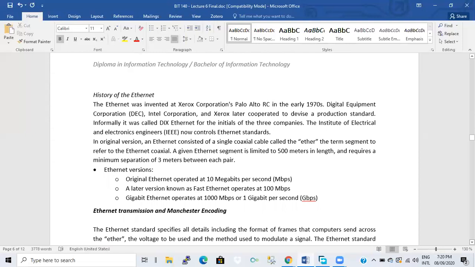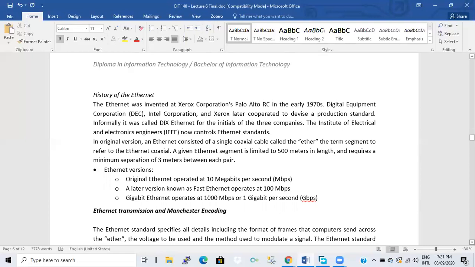Informally, it was called DIX Ethernet for the initials of the three companies that came together to work on this particular technology. The Institute of Electrical and Electronics Engineers, which is IEEE, now controls this Ethernet standard.